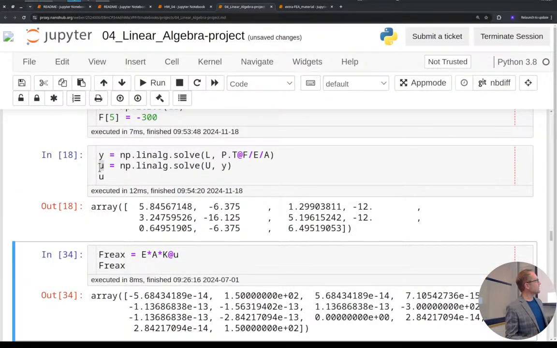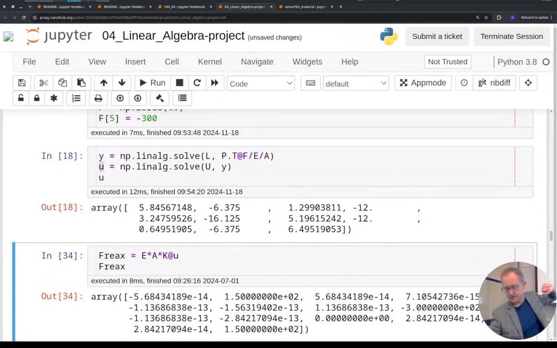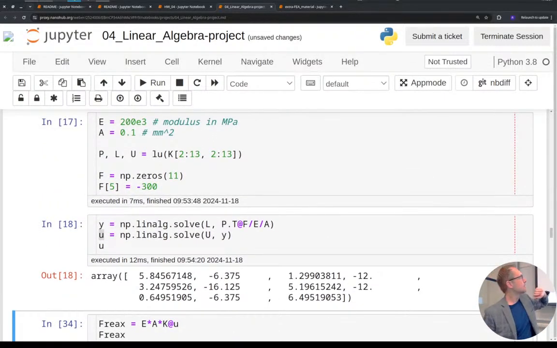When I do this for steel, with an area of 0.1, and again I'm using newtons and millimeters squared so that everything is megapascals, newtons, and millimeters, I get max displacement right here in node 4 y direction, 16 millimeters.